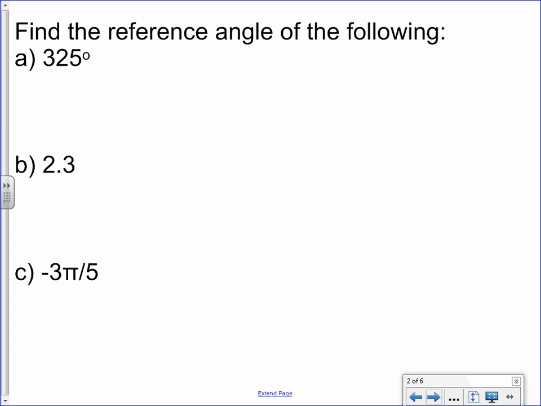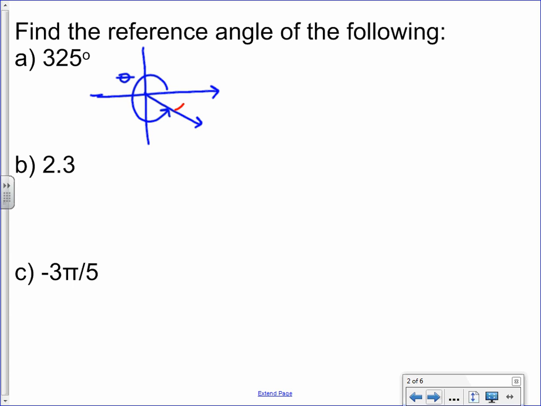All right, so let's practice. We're going to find the reference angle of all of these. Okay, so first let's start with 325 degrees. What quadrant does 325 degrees lie in? The fourth. So here's our angle, 325 degrees. The reference angle is the acute angle between the terminal side and the x-axis.